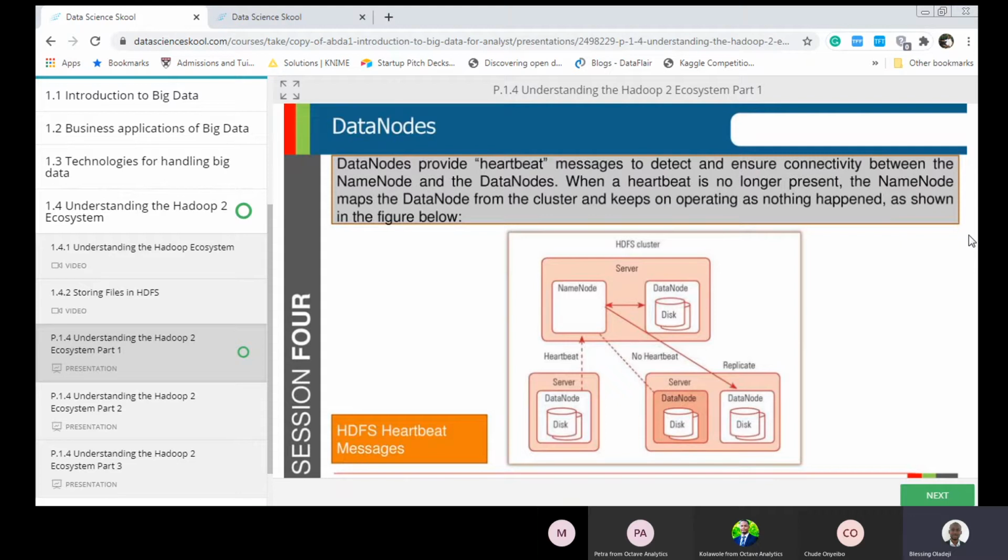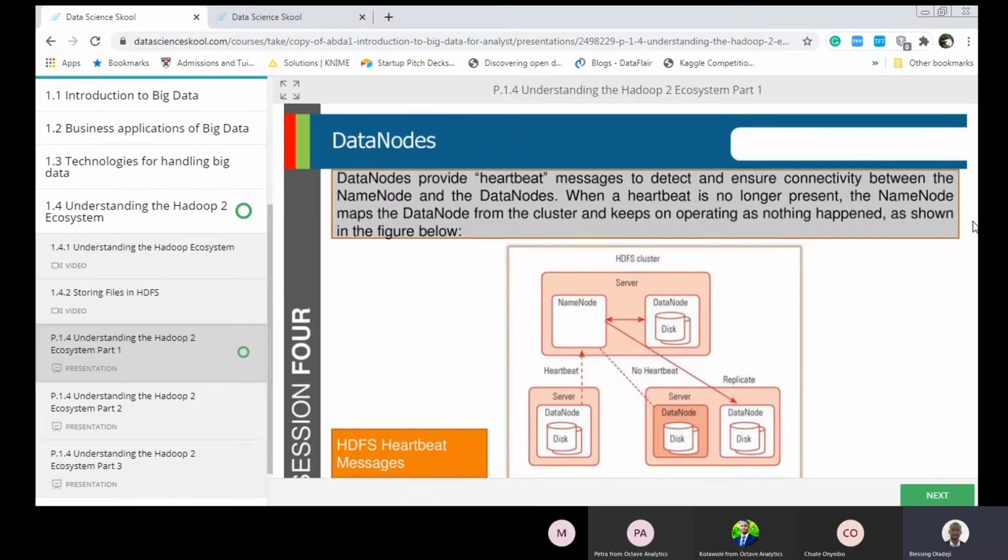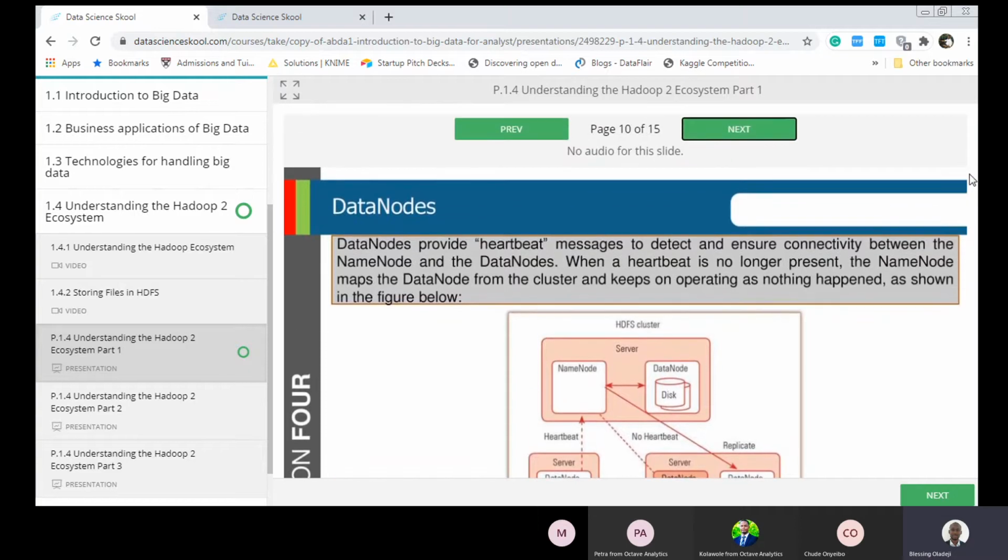So the data node needs to consistently communicate with the name node so that it knows the data node is available. The data node is the exact location where the data is stored on the disk. So heartbeat will mean the communication between the name node and data node, in case that comes up in your exam. So I'm moving on.